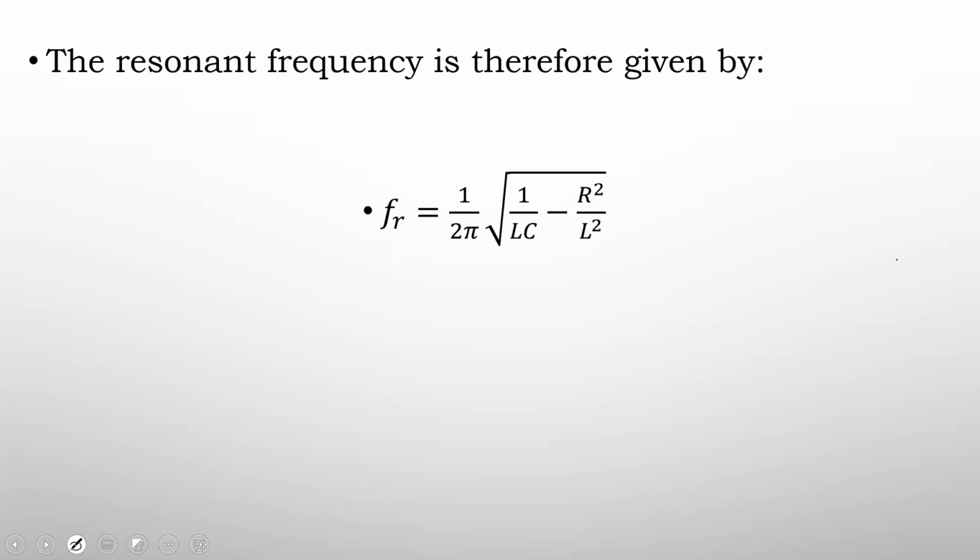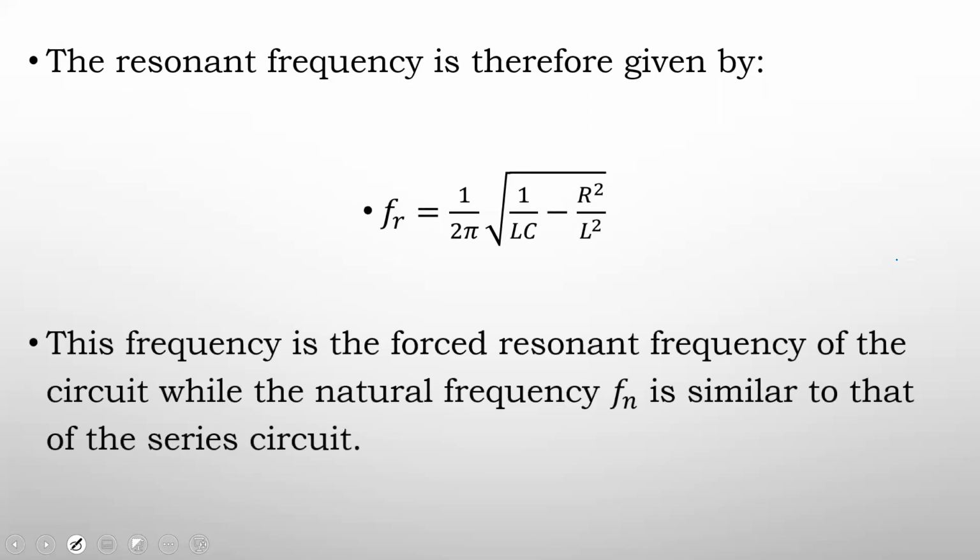I will just make the point that this expression for the resonant frequency represents the forced resonant frequency of the circuit. The natural frequency is similar to that of the series circuit. So the question that was raised earlier regarding those 3 elements in parallel, I think it was Mr. Bernard who raised it.